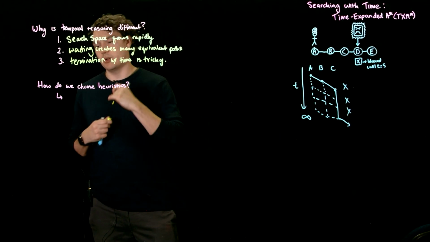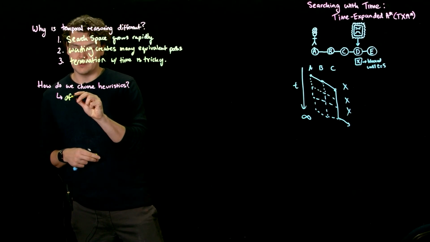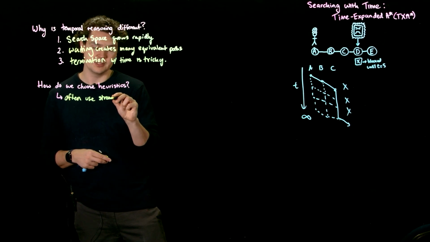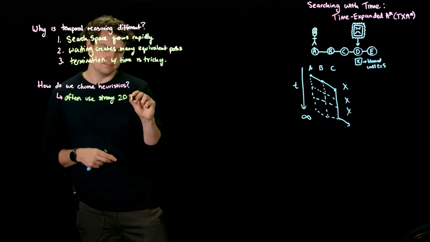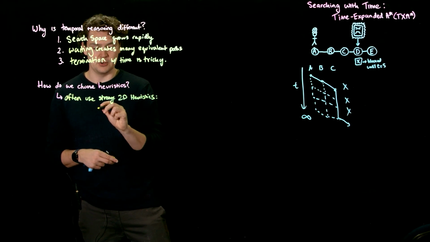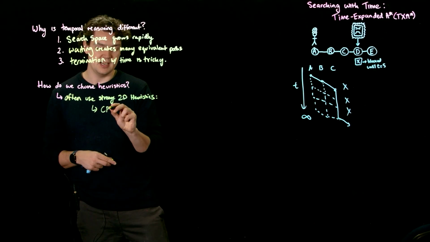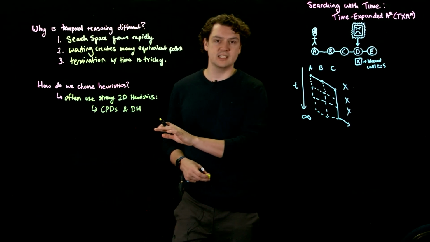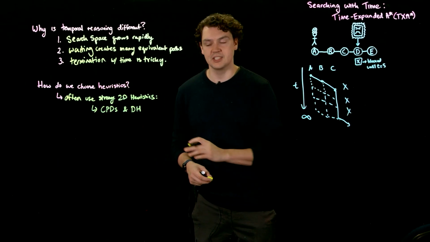So what that means is we often use strong 2D heuristics. These are things like our CPDs and differential heuristics that we've just looked at in the previous videos.